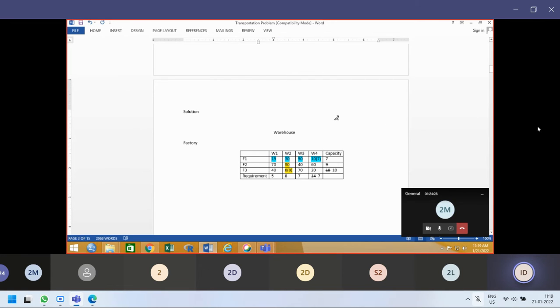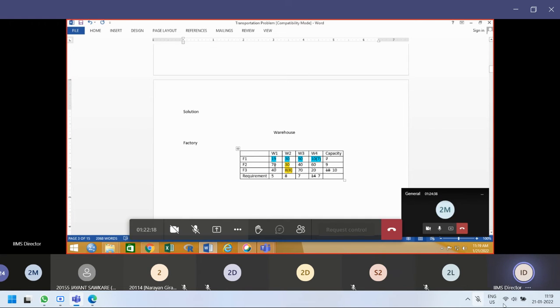Okay, now what is remaining now? Come on. What is the lowest element remaining? 70, 20, 40, 40, 70, 60 and 20, 20, 20. 20. How much I shall allocate here now? 7, right. I can allocate here 7. So again the 7, this is completely allocated.